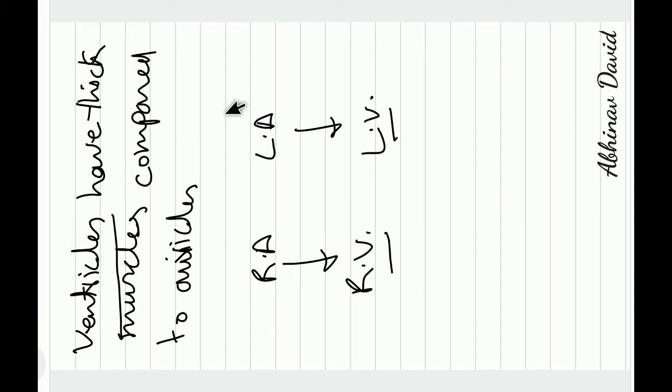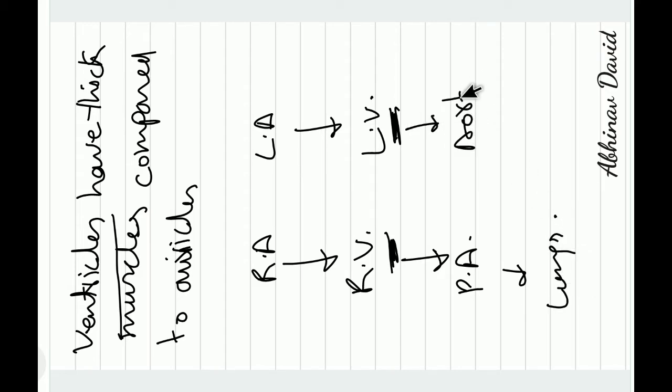But the ventricles have to pump the blood out of the heart. The right ventricle pumps the blood to the pulmonary artery, which goes to the lungs, and the left ventricle pumps the blood to the aorta, which goes to the different body parts. So they have to maintain high pressure, and if they don't have thicker muscles, the pressure cannot be maintained.